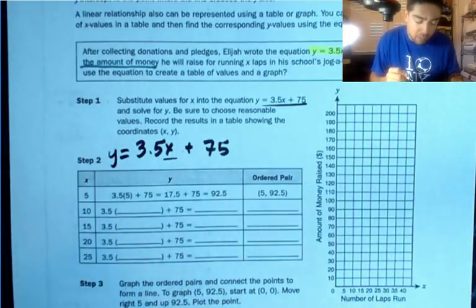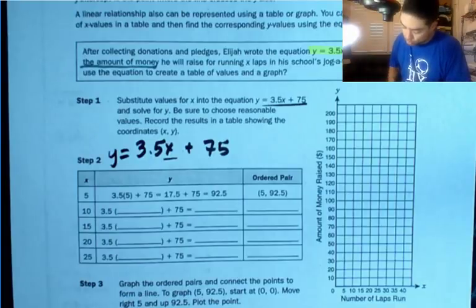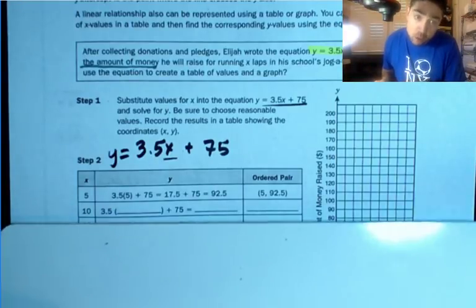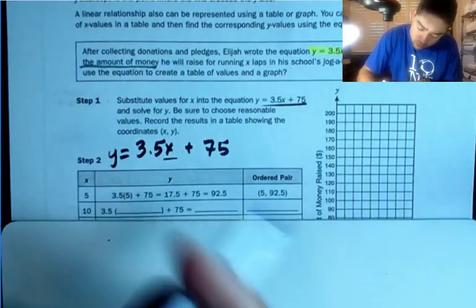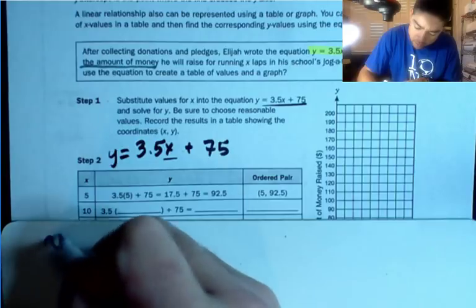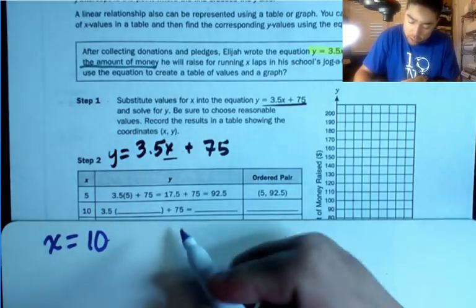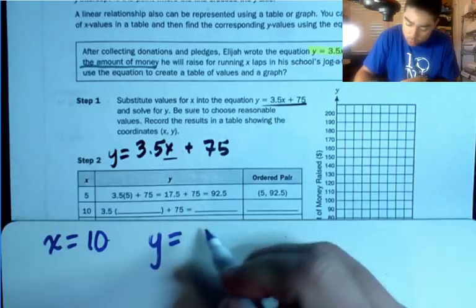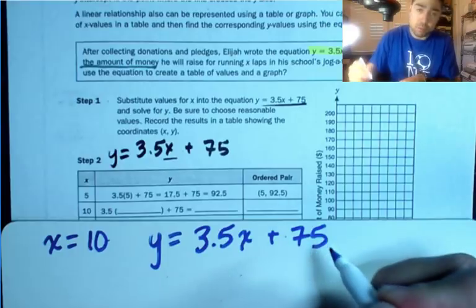Now, they give us another x value. We're going to have to plug in that x value ourselves, and then we're going to have to find the ordered pair the way that they just did it, right? So I'm going to do it here on my board. So x equals 10, and the equation was y equals 3.5x plus 75.